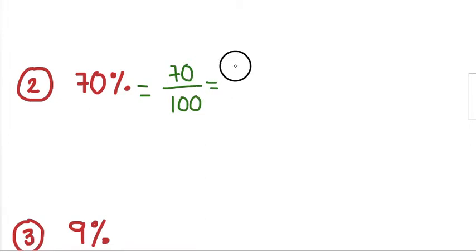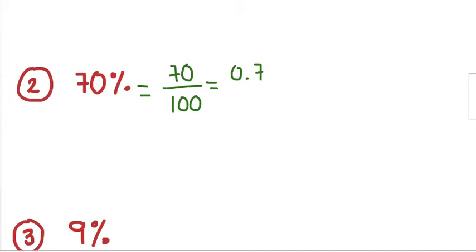This will be 0.70. You can do your grid here if you need to, or if you can do it directly, you will get to this answer. But now my question is, do I need this 0? No, I actually don't need it, so I'm going to rub it out. So my answer is going to be 0.7 or 7 tenths.